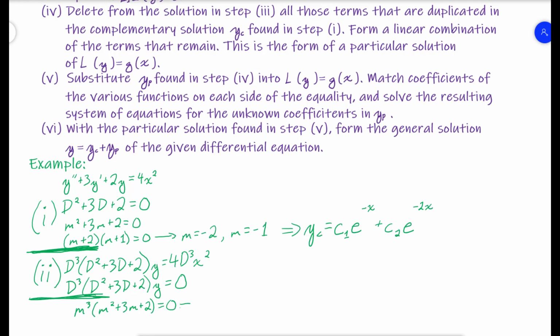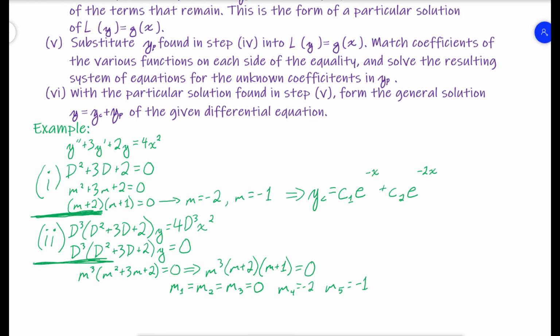And we've already factored that second part, so I could instead write it as m cubed times m plus 2 times m plus 1 equals 0. Now, looking at the roots of this, m cubed equals 0 is going to give me 3 roots that are all 0. So I'll have m sub 1 equals m sub 2 equals m sub 3 equals 0. So I have that repeated root. And then I still have my roots of m sub 4 equals negative 2, m sub 5 equals negative 1.